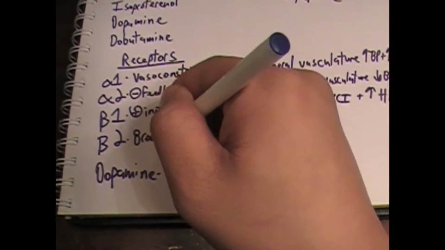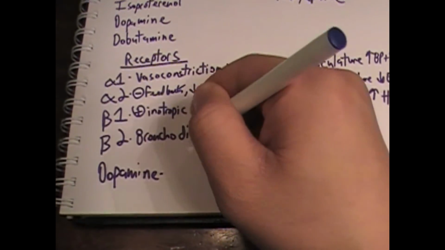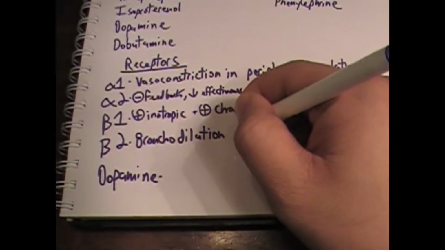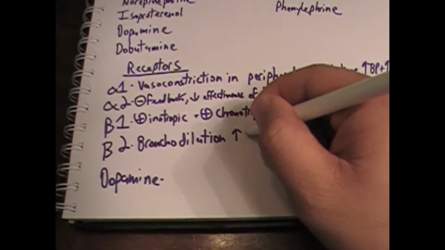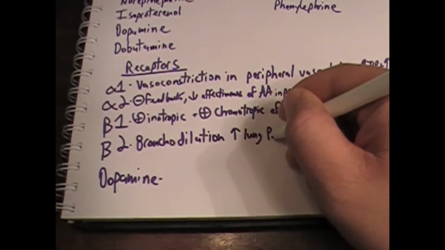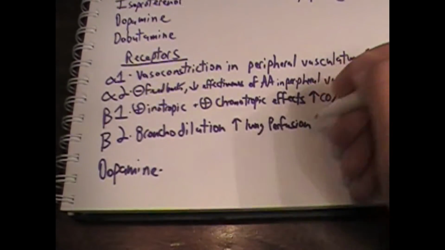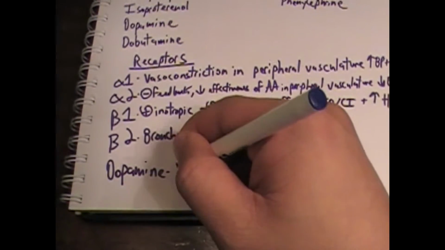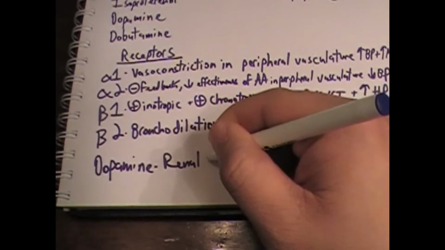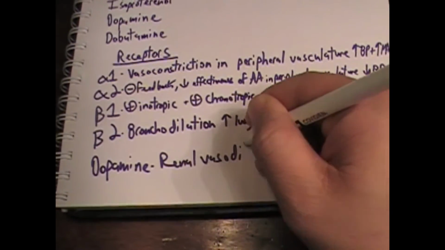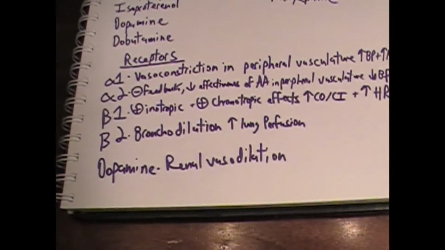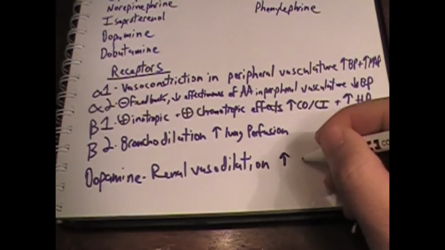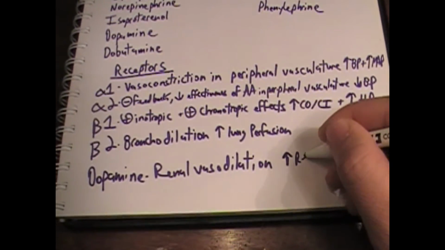Now, for the beta 2 receptors, we have bronchodilation, which will give us an increase in lung perfusion. Now, for the dopamine receptors, when they're agonized, we have renal vasodilation, and that vasodilation will cause an increase in renal perfusion.